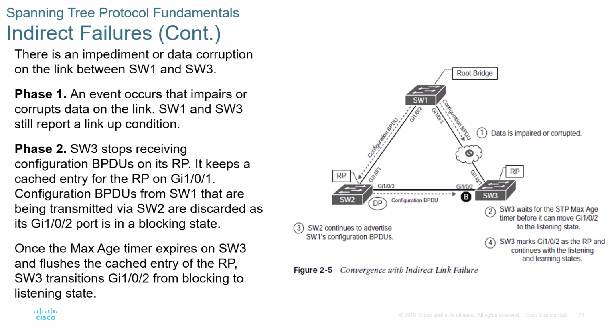There has to be an age timer, so once the age timer expires on switch 3, it will flush the cached entries of the root port, and then switch 3 will transition the blocking port to a listening port so that it can then move forward.